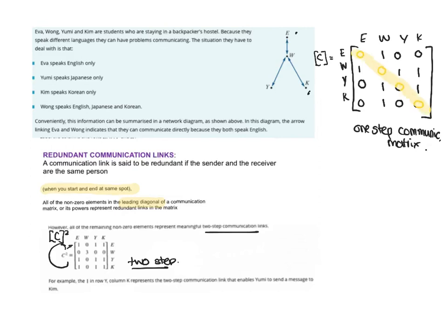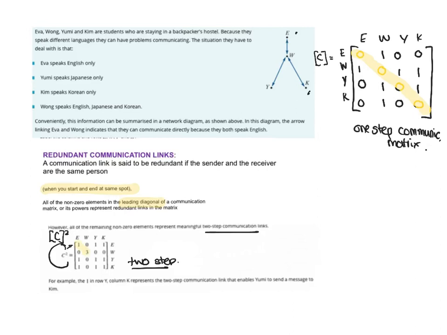What we also notice is that in the first communication matrix we see zeros down the diagonal, and that's a redundancy. A communication link is said to be redundant if the sender and the receiver are the same person. When you end up at the same spot, you're not going to deliver a message to yourself, so they're called redundant, and you see a 0. All of the non-zero elements in the leading diagonal of a communication matrix or its power represent a redundant link.